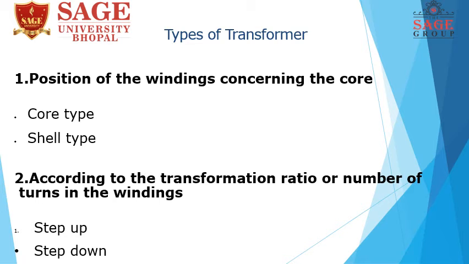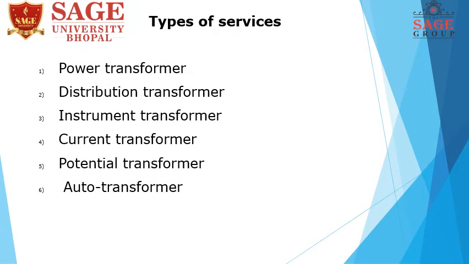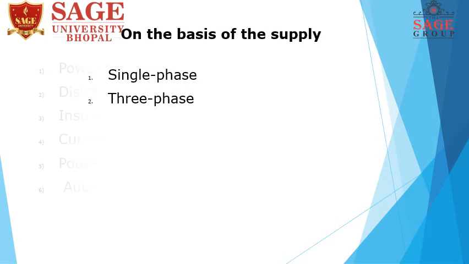And types of services, mainly six types. First is power transformer, second is distribution transformer, third is instrument transformer, current transformer, potential transformer or auto transformer. On the basis of supply, two types are applied in the transformer: single phase and three phase.